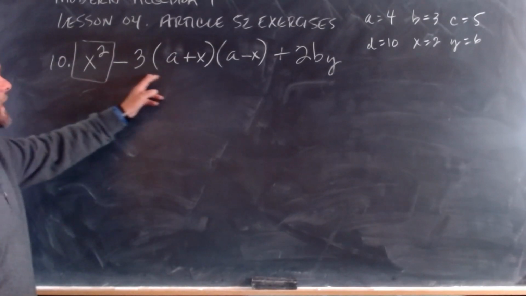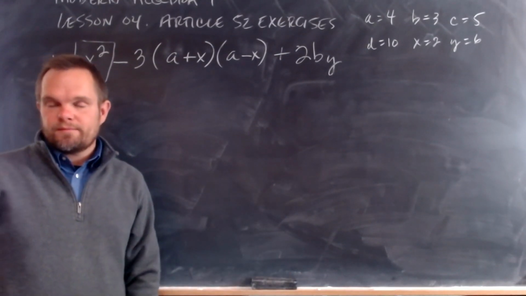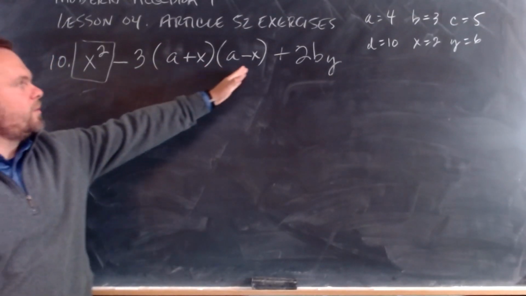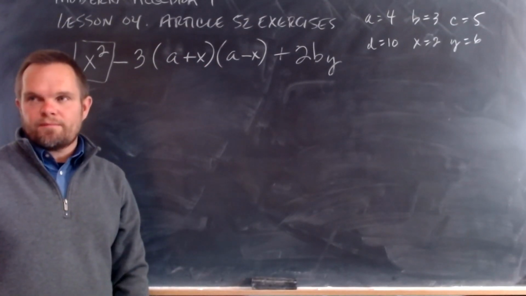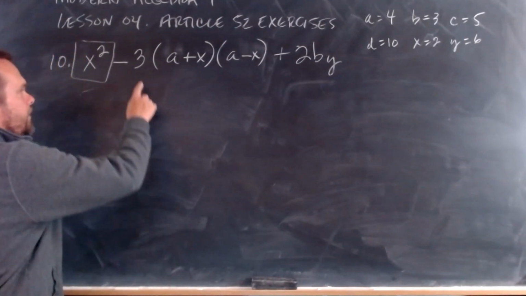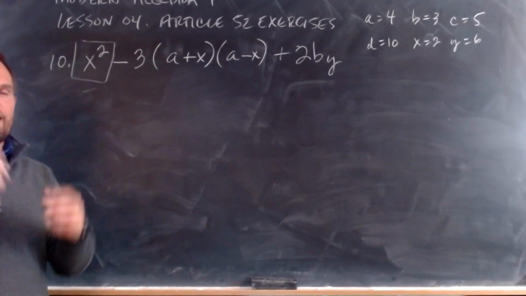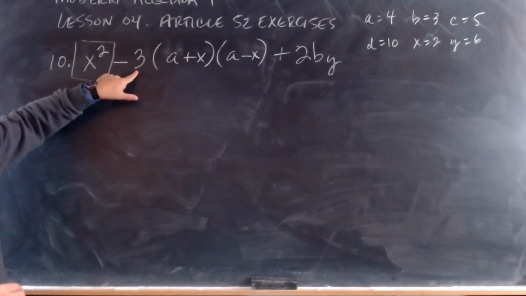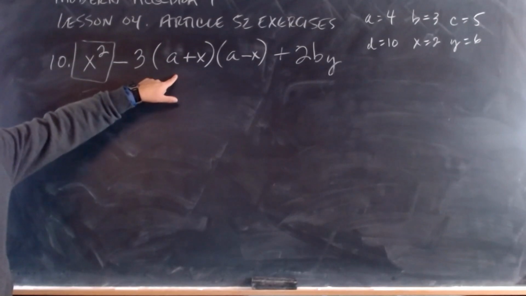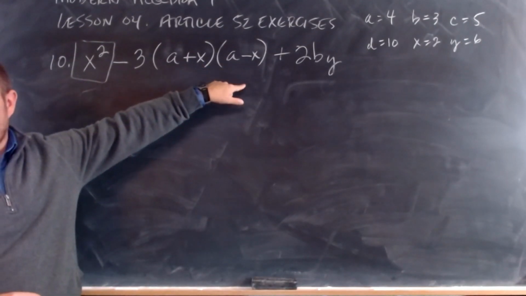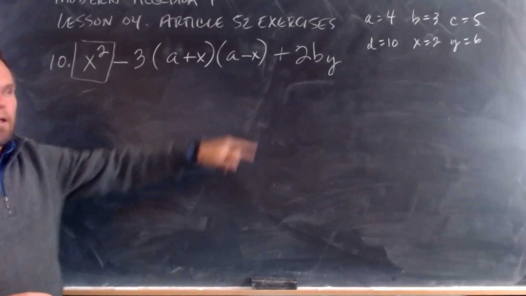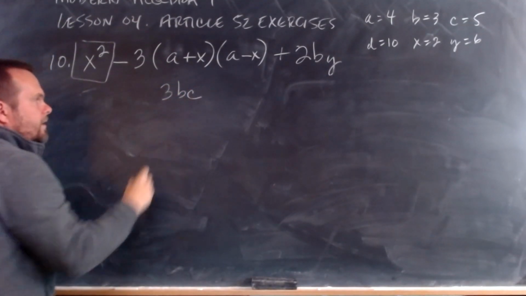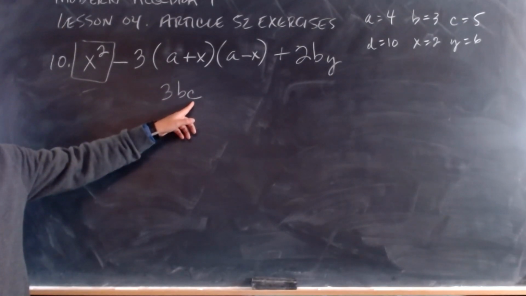Now we've got this big mess. We look at that and we say, ay, ay, ay, what do I do with this big mess? The first thing we're going to do with it is look at it with an algebraic mind. All that this is, is 3 times some quantity times some quantity. Do you see that? If I wrote 3 times b times c, would you understand what that means?